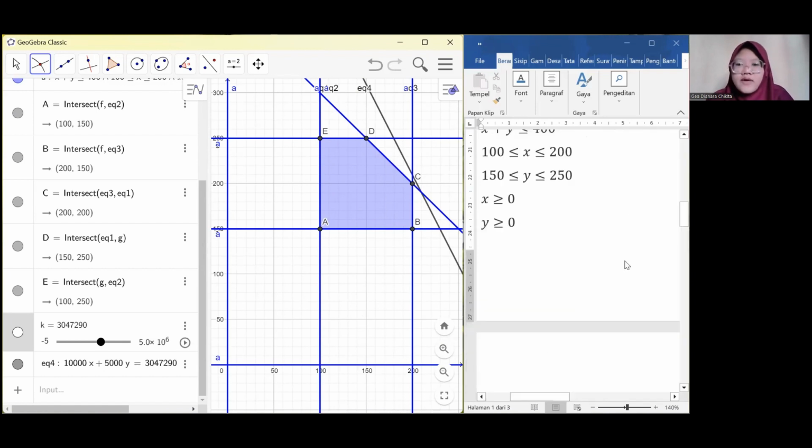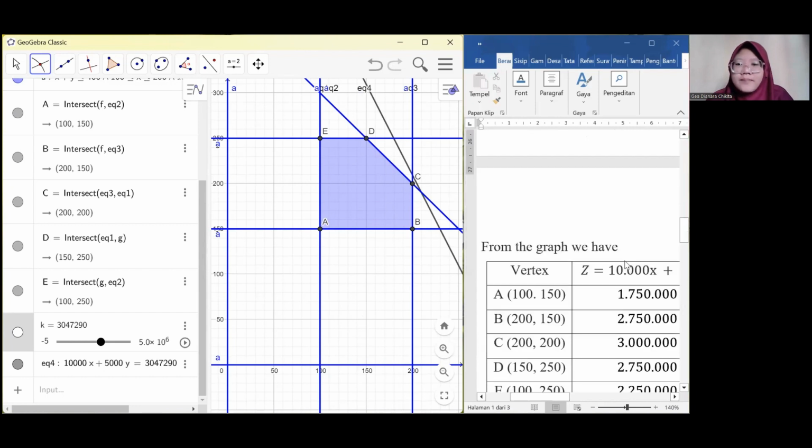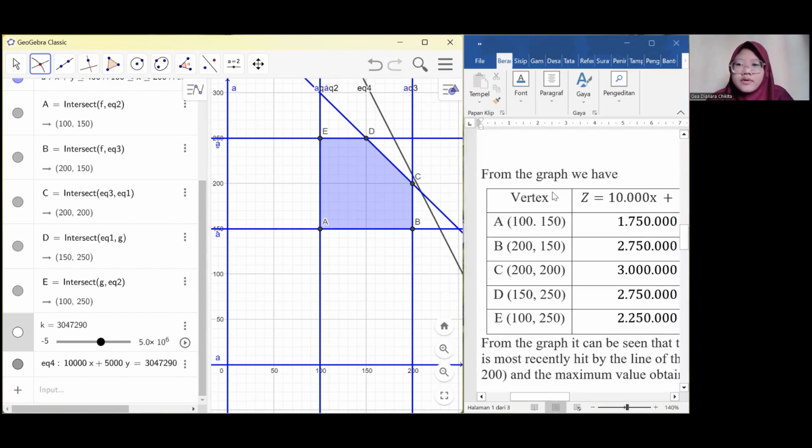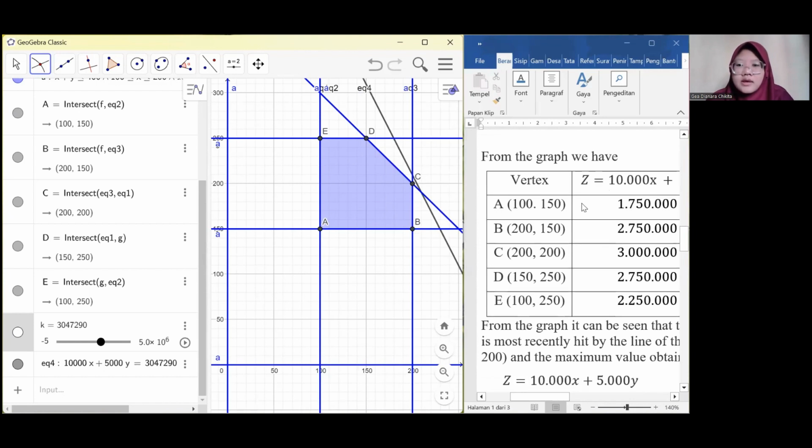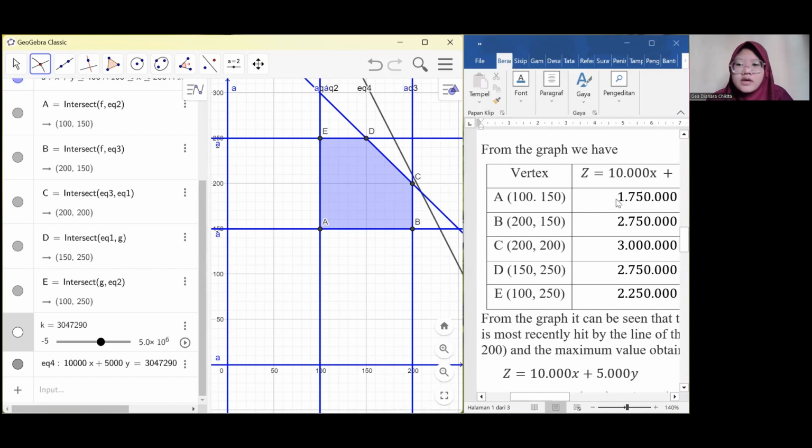So from the graph we find that vertex A has a profit of 1,750,000 rupiah, and for point B it is 2,750,000, and for vertex C we get the maximum profit, which is 3 million rupiah.